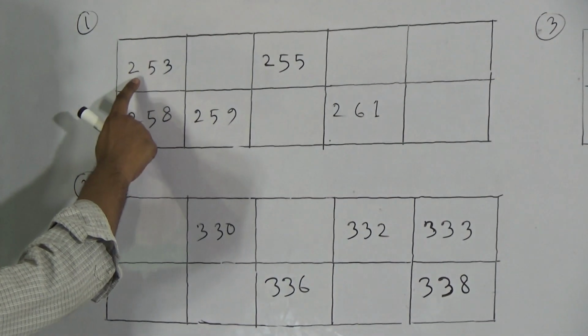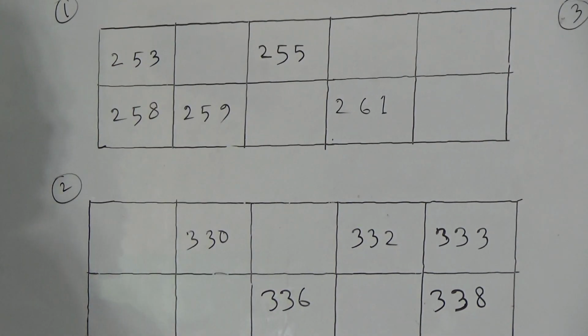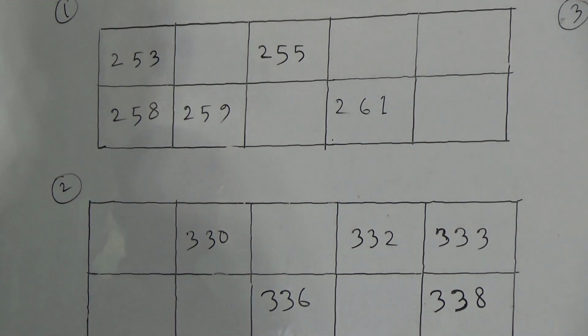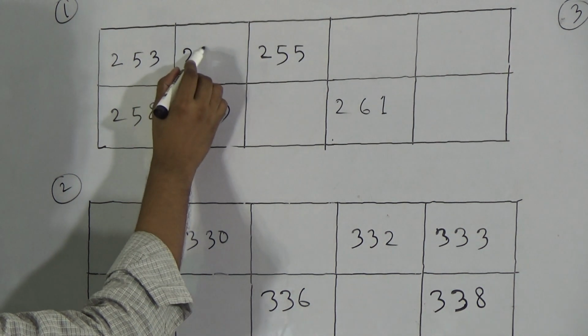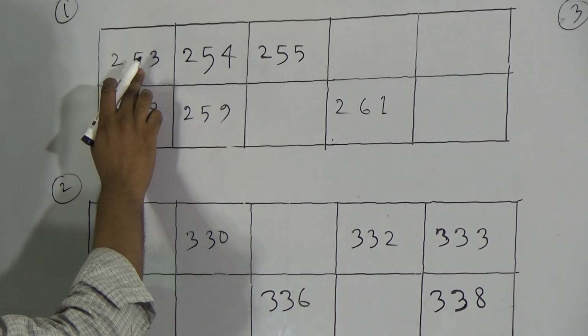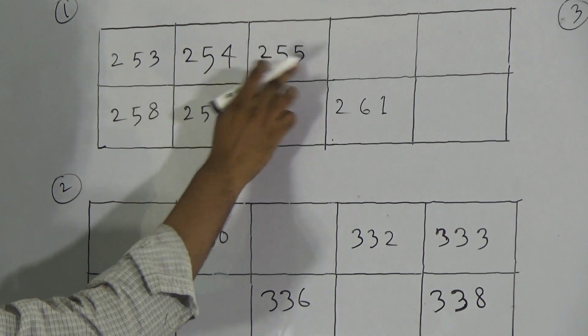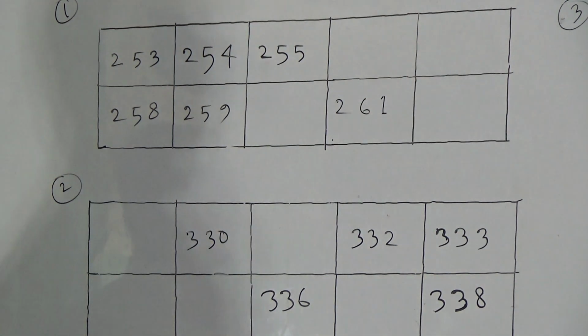At first, here 253 exists. Now, next number of 253, that means after 253 which number will come? It's very easy, 254 will come. So we'll write here 254. Now 253, 254, 255, then 256 and 257 will come.